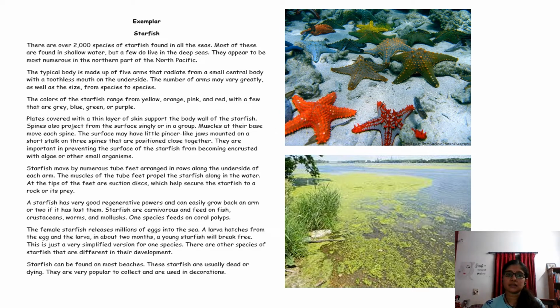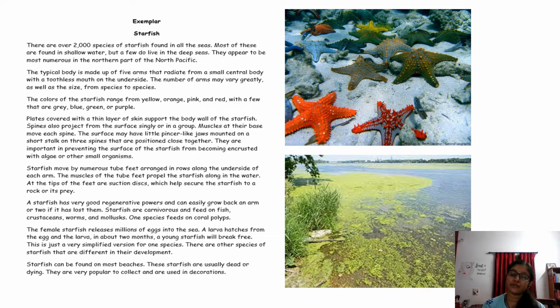There are other species of starfish that are different in their development. These can be found on most beaches, and they are usually dead or dying. They are very popular to collect and are used in decoration. Some are getting endangered, and people use these dead starfish for the purpose of decoration. So this was about the starfish.